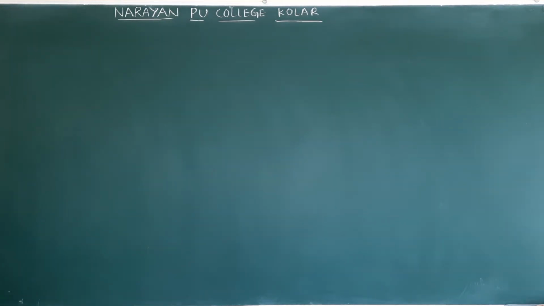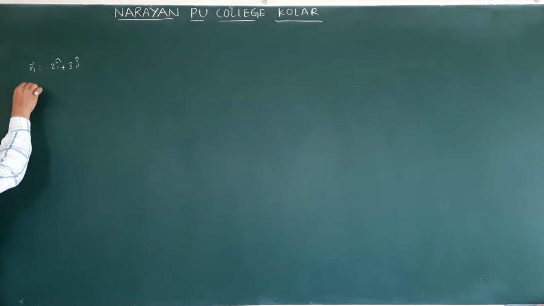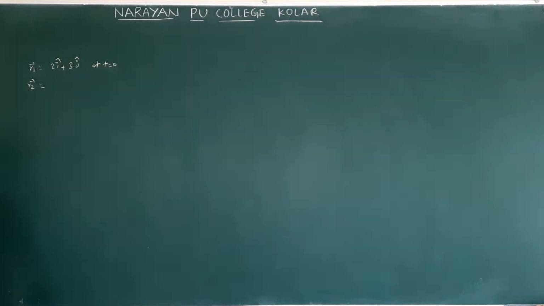Position means that is position vector. From 0 to 5 they are asking. Therefore, at time t is equal to 0, what is its position vector? R1 bar is equal to 2 comma 3, they given 2 i cap plus 3 j cap. This is at t is equal to 0.